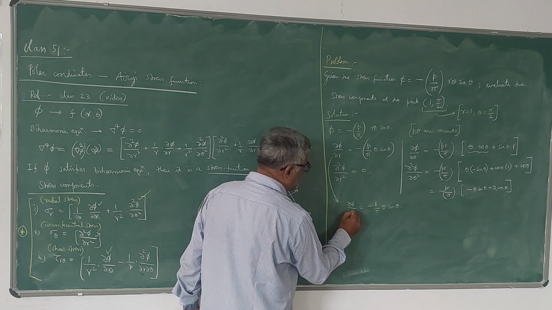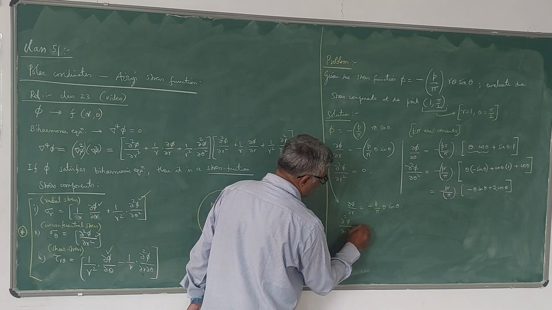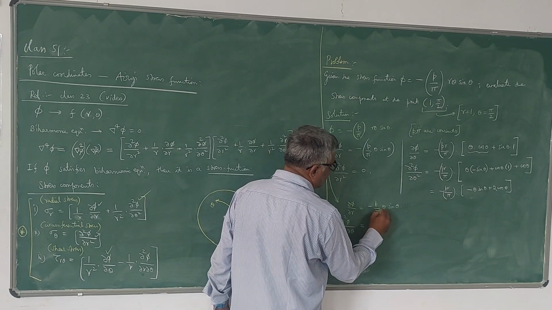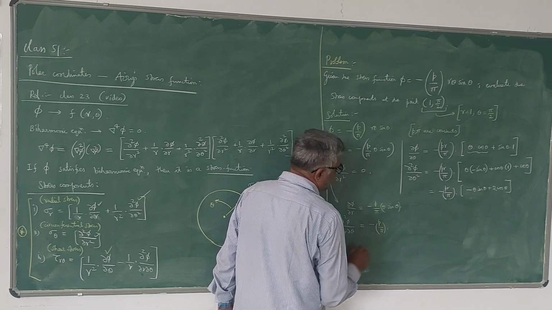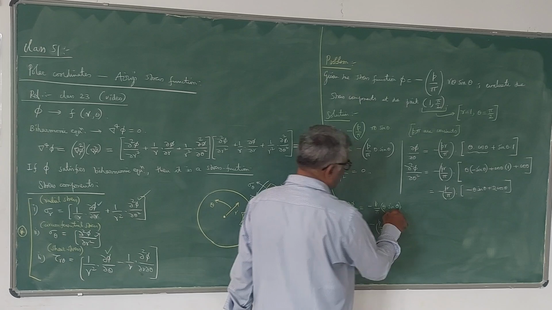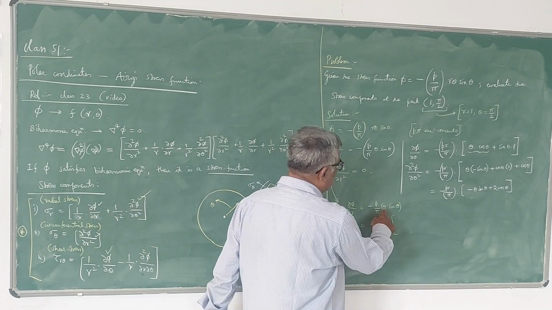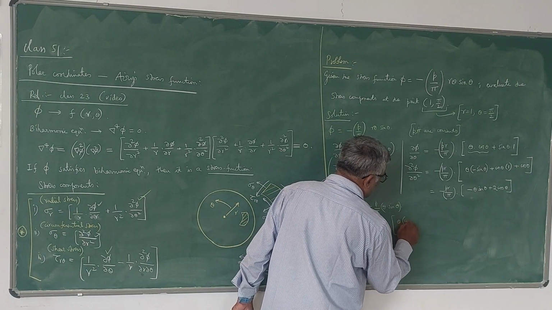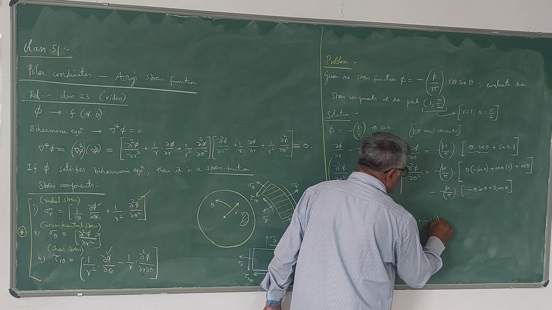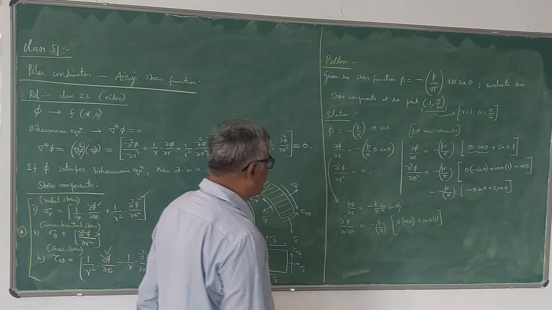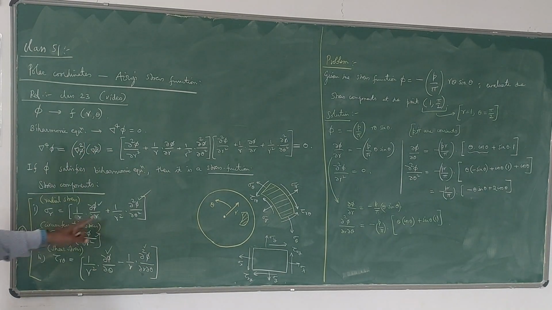So I will differentiate this with respect to theta now, ∂²φ/∂r∂θ. Minus P by pi is constant, into I have to differentiate this with respect to theta using product rule. So theta into derivative of sin theta is cos theta, plus sin theta into derivative of theta is 1. So we got this one. So we got all the 5 derivatives.